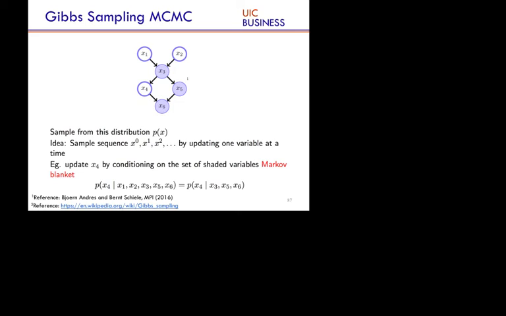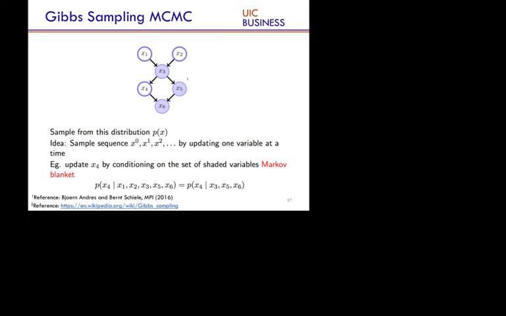As you saw in undirected graphs, given the neighborhood, the random variable is independent of everybody else, so you don't have to condition on everybody else. If this was undirected, to get x4 you only have to condition on the 2 nodes connecting to it. That's the Markov blanket idea, but don't worry about that. Here, because it's a directed graph, you actually have to condition on 3, 5, and 6.